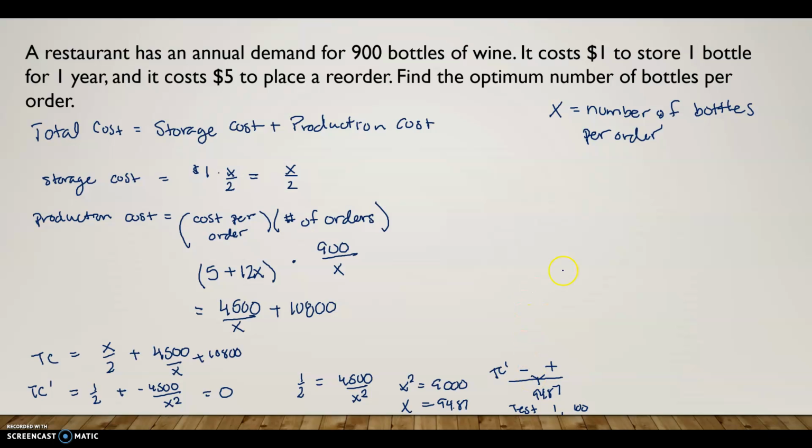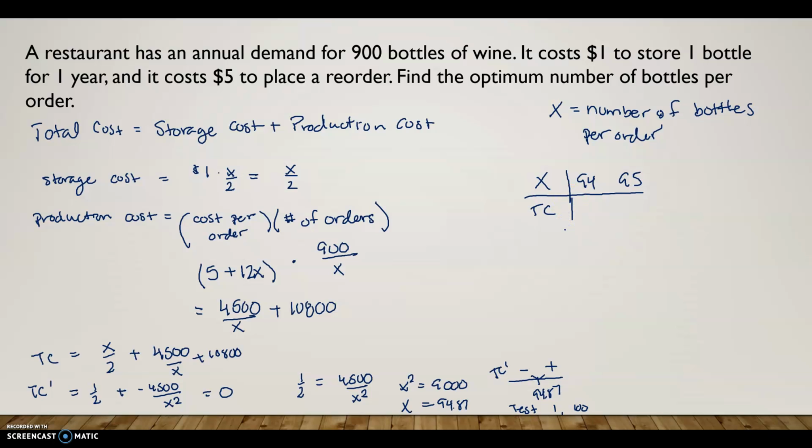Okay. So our last check, just to make sure it's actually an optimum, is just to check the 94 versus 95. So 2 choices, 94 and 95. And putting them into the total cost.